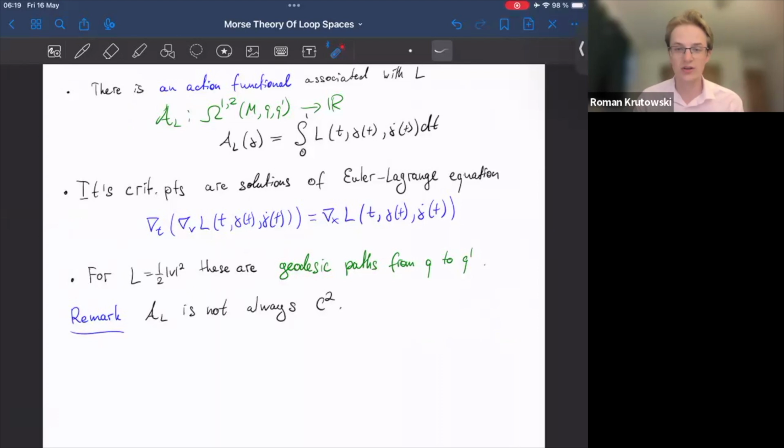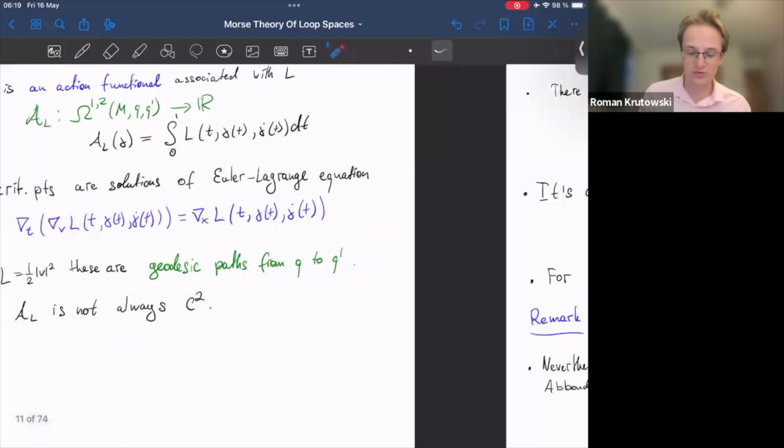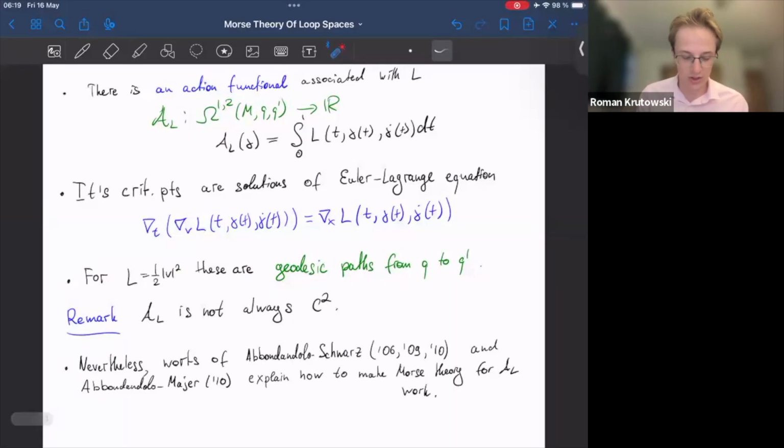So here, it's kind of important to note that even for that class of L, which are just quadratic along the fibers, one does not always get that this function is even C2 on this space. So one may wonder how you do Morse theory here.